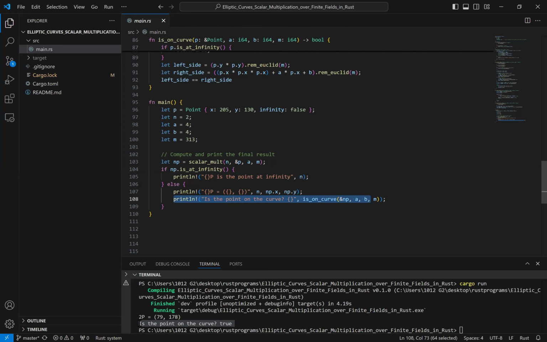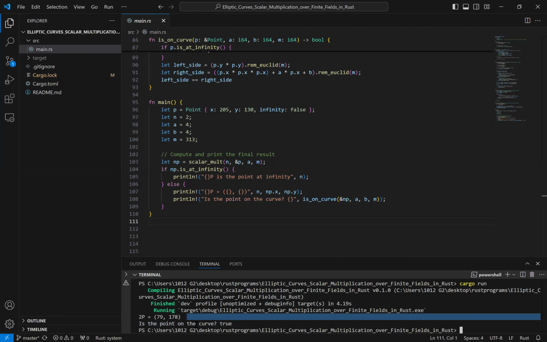I said, is the point on the curve? That's the question. Then it is supposed to respond whether yes, true or false. Of course, this point will always be on the curve, because you just take a point on the curve and multiply it.